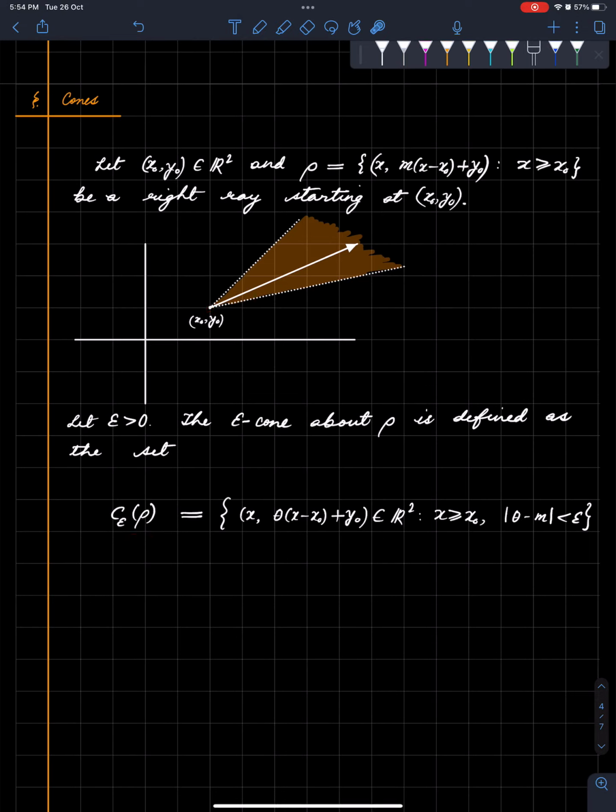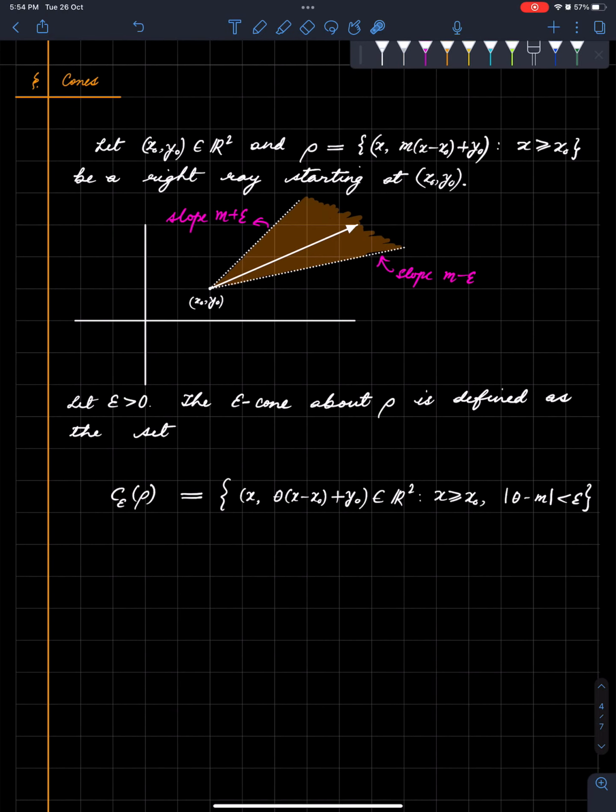But as I have defined it, it does not contain these rays. So this dotted ray has slope m minus epsilon, and this dotted ray has slope m plus epsilon. So I am not including those two in this definition, although I could. It doesn't really make a difference, but I didn't. Okay.